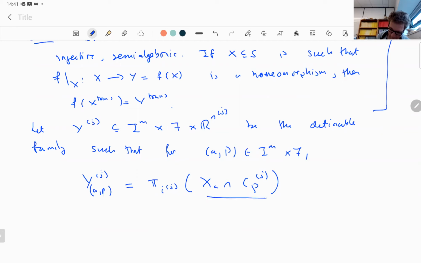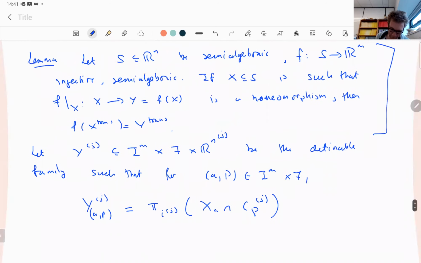So I take this, I project it down, and that's my fiber here. And then by this lemma, the transcendental part of this is the projection of the transcendental part of this.